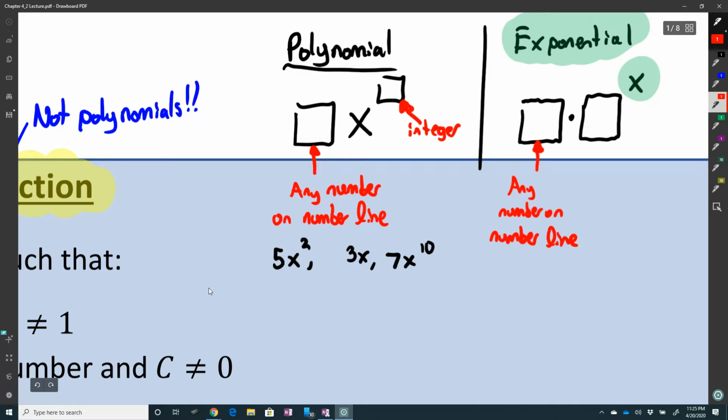Whereas this number is special. This number, the number that's attached to the x. So here this is like an expression that's pieced together. And so this is what we call the base. And we're going to talk about what the base can't be. It turns out that it must be positive, and it can't be 0 or 1.